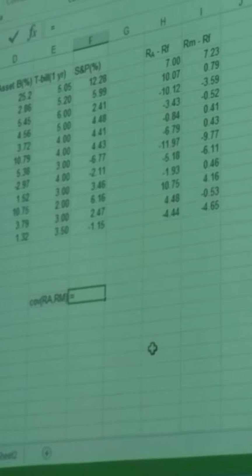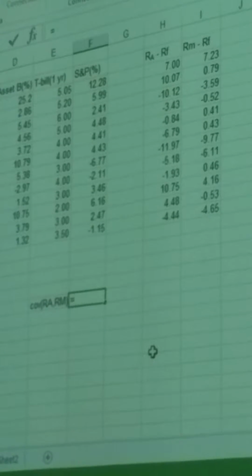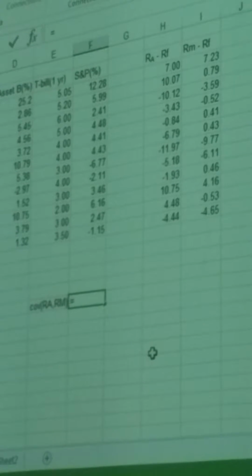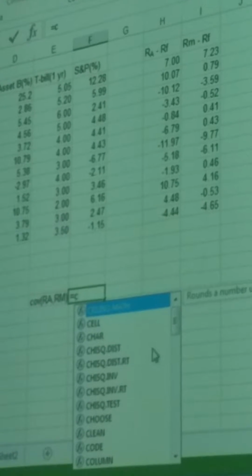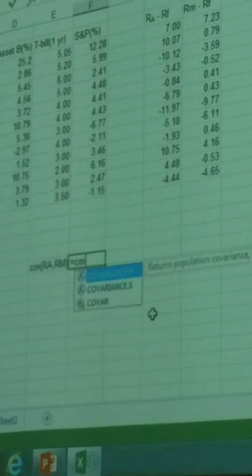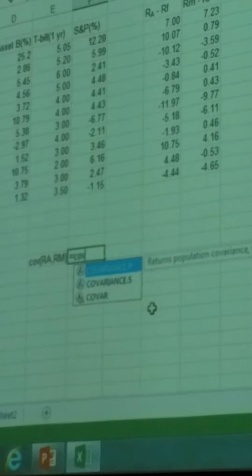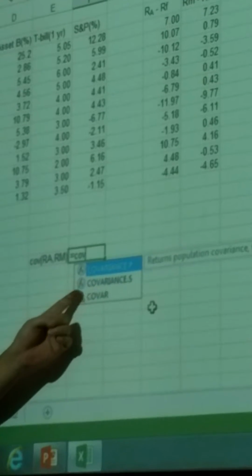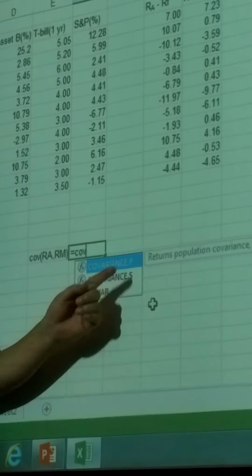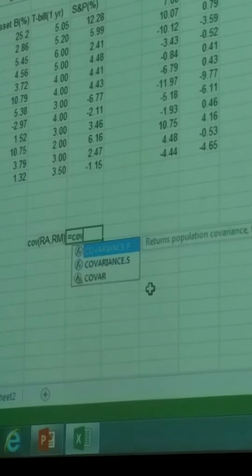But instead of following all the process, you can get the same thing by using a function called covariance. Okay, and then you see covariance.p and covariance.s. P stands for the data being a population.